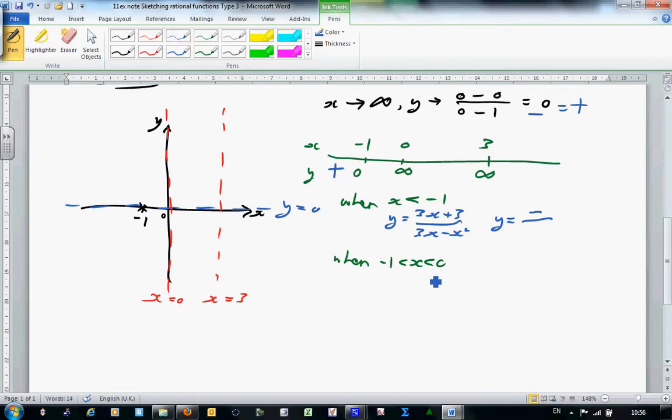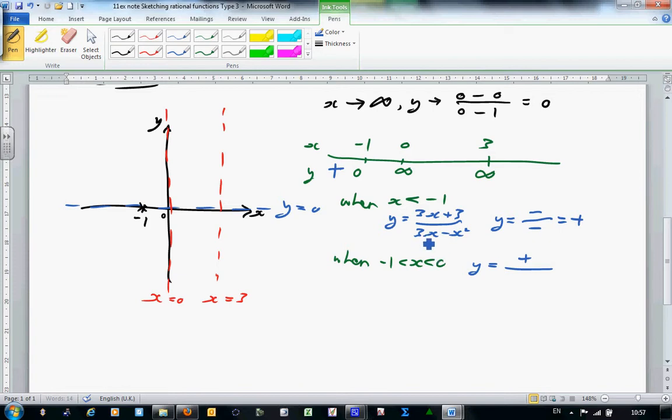Come back to here, let's look at this now. What we'll end up with is negative plus a big positive, is a positive. And we've got a negative there and a negative squared, so that's going to be negative. So we have a negative result in there. Okay, keep going.